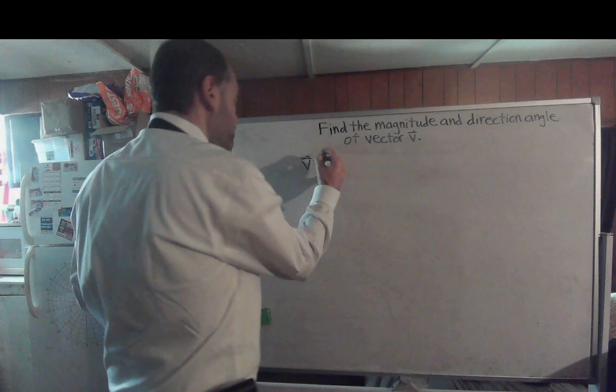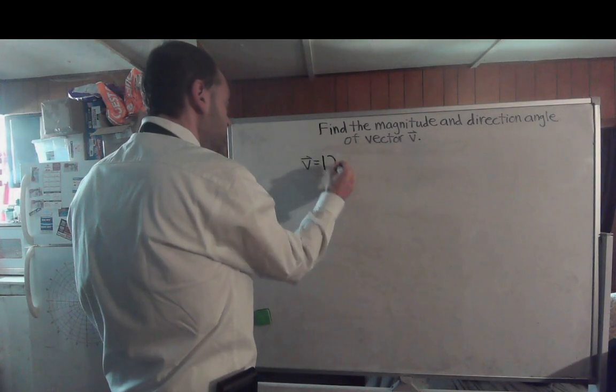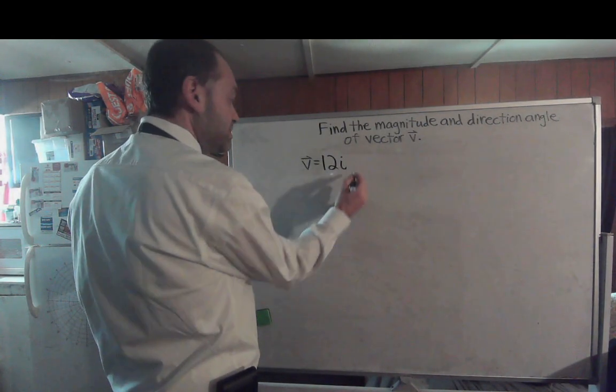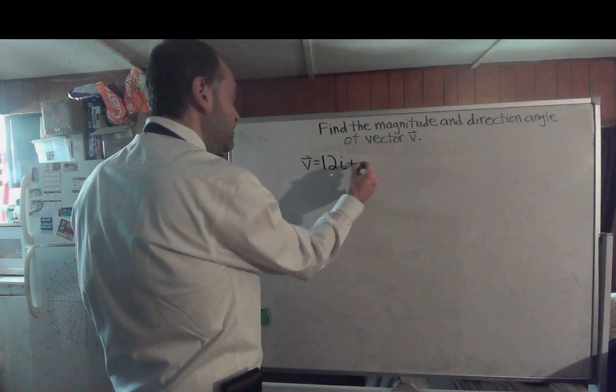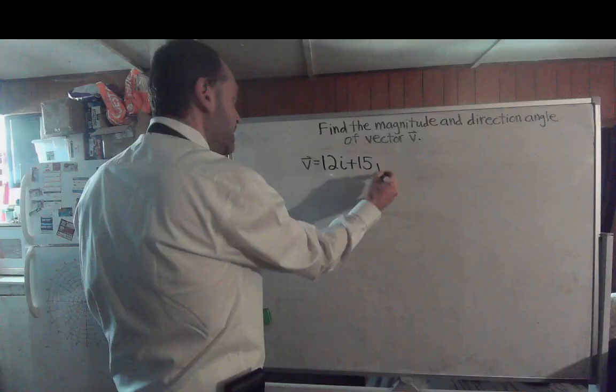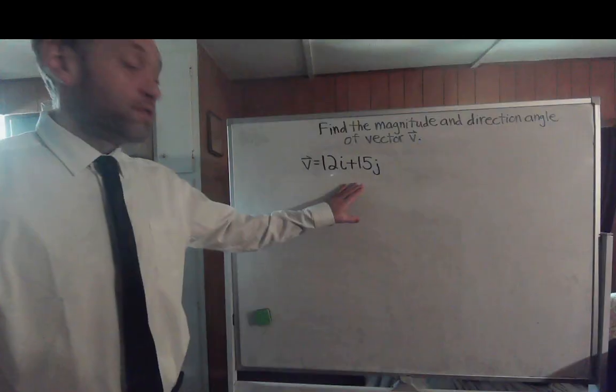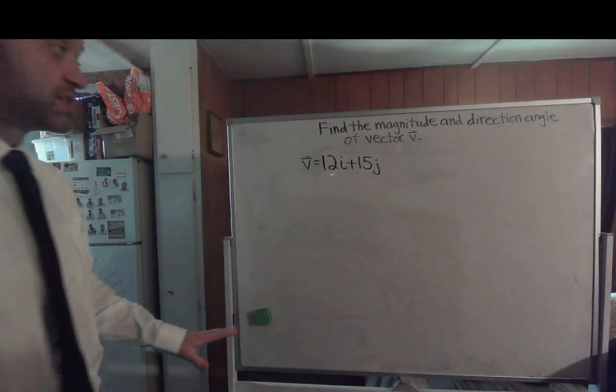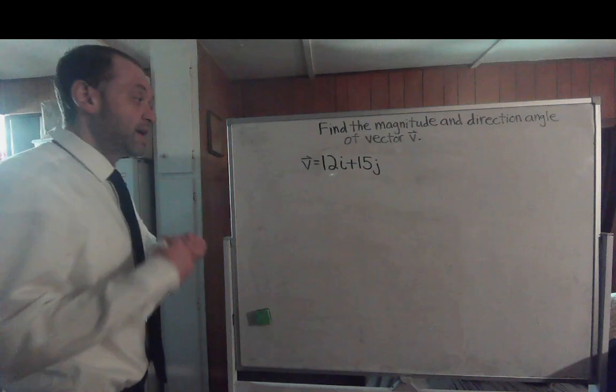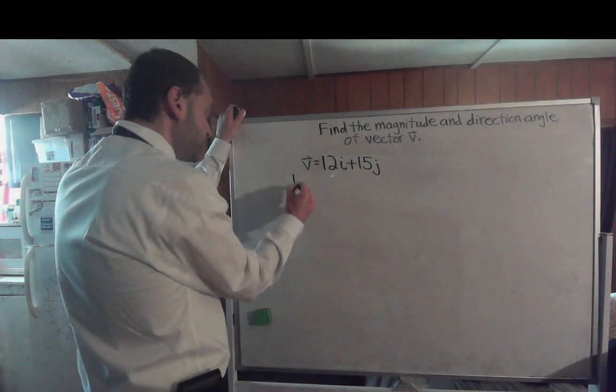They're actually taking it pretty easy this time. Vector v has linear combination 12i plus 15j. Well, it's definitely going to be in the first quadrant, so that's going to make everyone's life a lot easier. But let's go ahead and find the magnitude of this vector.